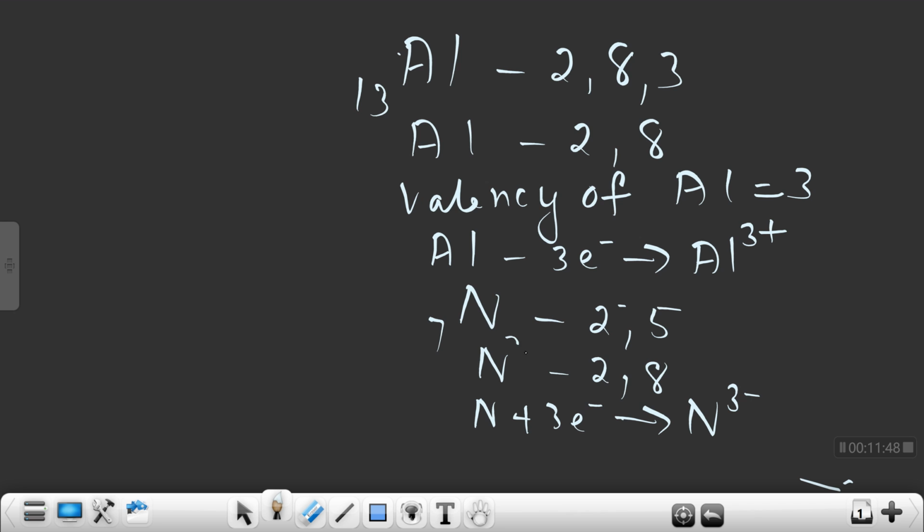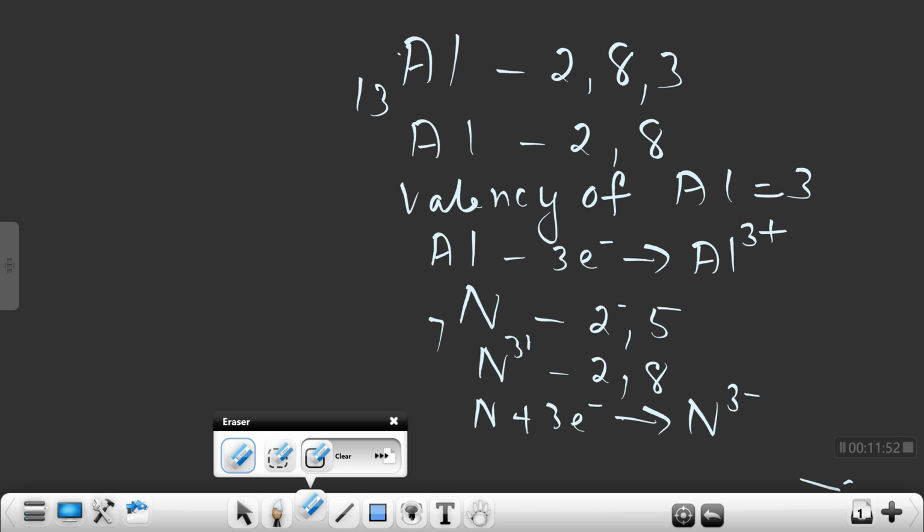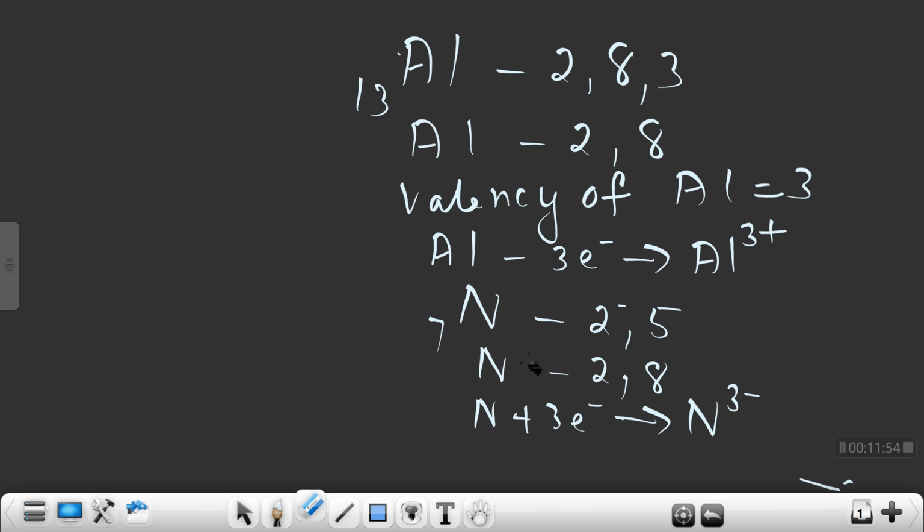Then it is not an atom, it is an ion. When an atom loses or gains electrons, it is called an ion. It is not an atom. So the electronic configuration of nitrogen is 2,5, and the electronic configuration of the nitrogen ion is 2,8.